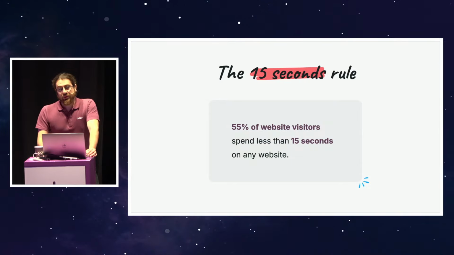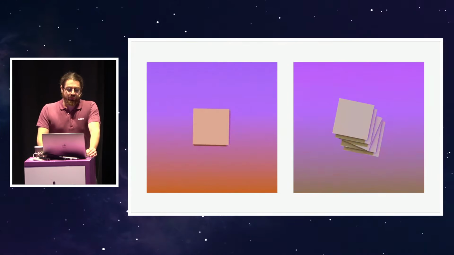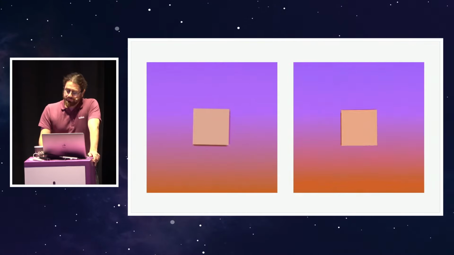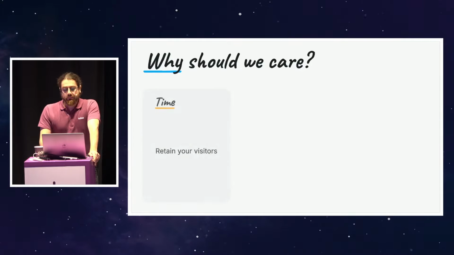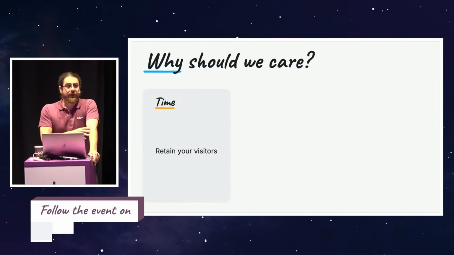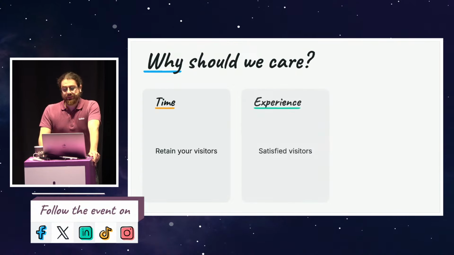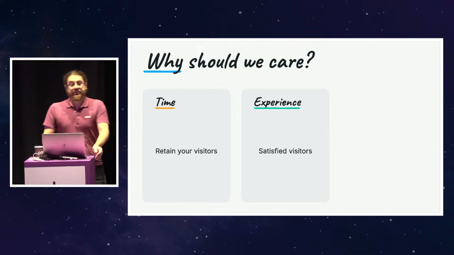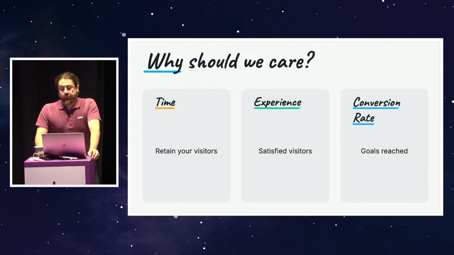So that means you have 15 seconds to retain the visitors on the website. If we use motion and animation techniques, we could use those techniques to retain the visitors, which at the same time means that visitors are satisfied, and that results in an improved conversion rate.